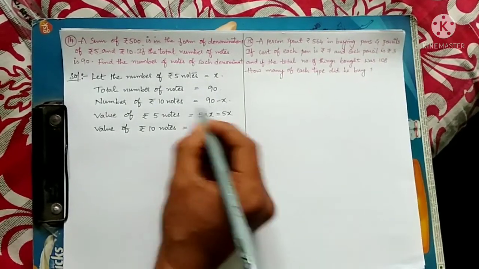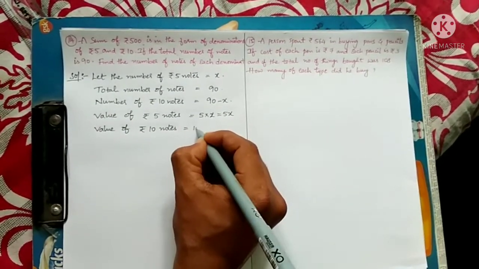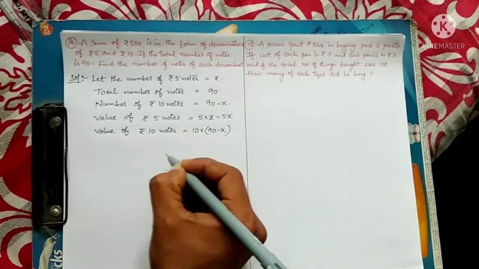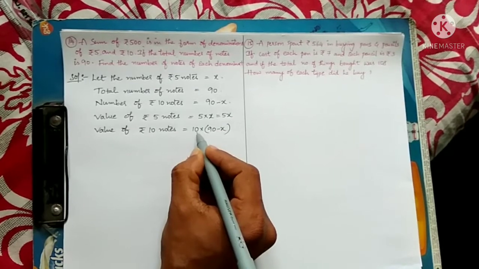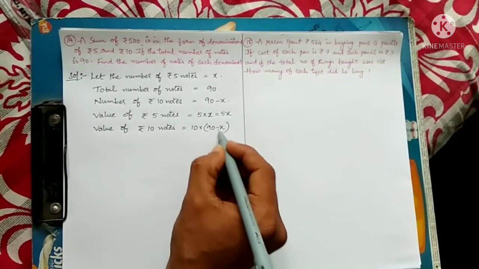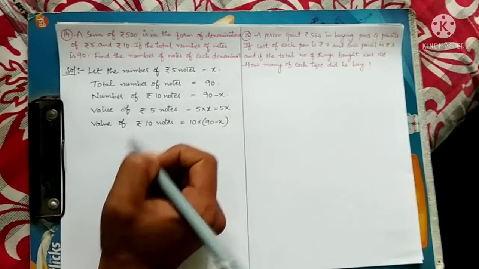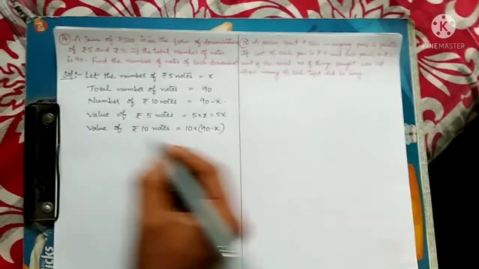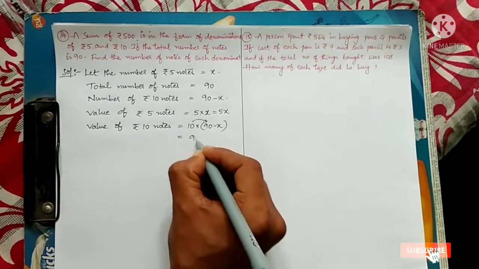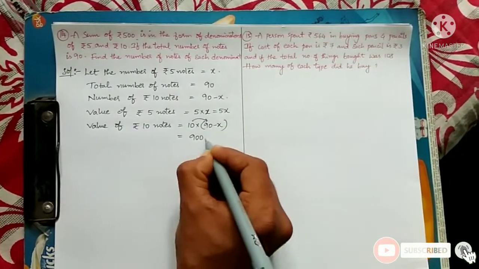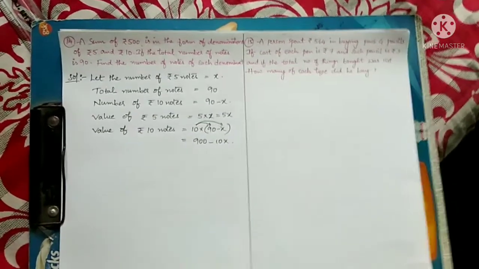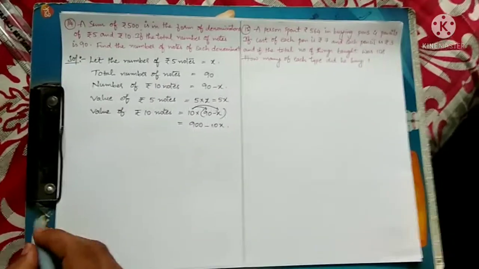The number of 10 rupees notes is 90 minus x, so the value is 10 into 90 minus x. That implies 10 into 90 is 900 minus 10 into x is 10x. This is the value of rupees 10 notes.